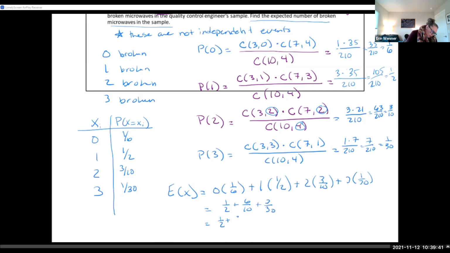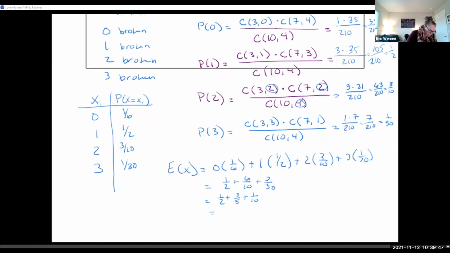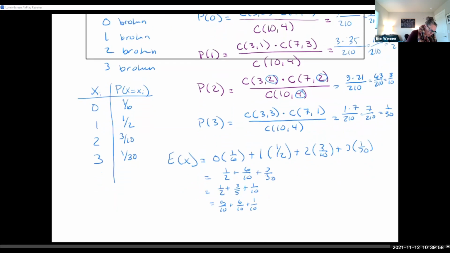That's going to be 3/5 plus 1/10. 1/2 is 5/10. 6/5 we should have left is 3/5, excuse me, 6/10 and 1/10. And this gives us, what is this, 12/10, which becomes 1.2.